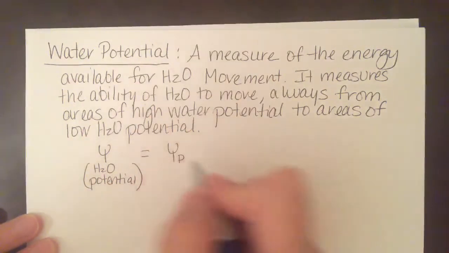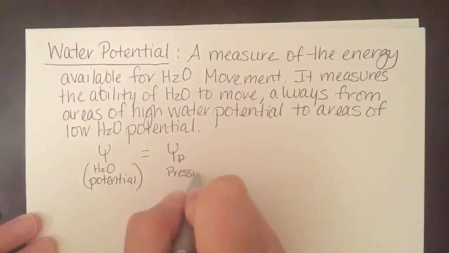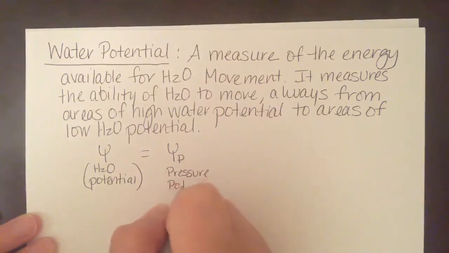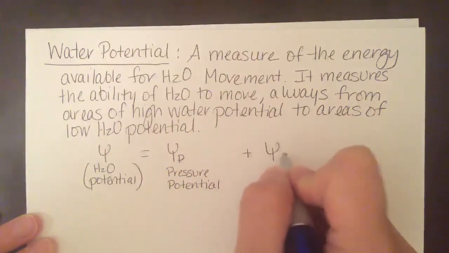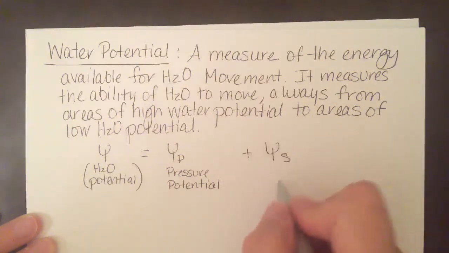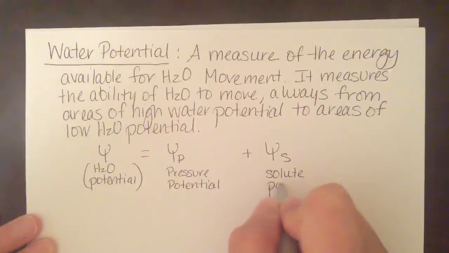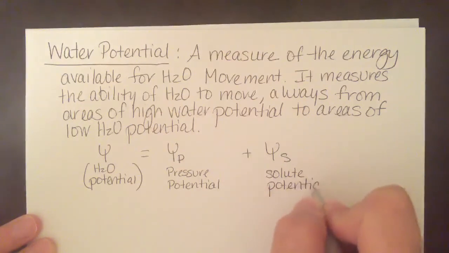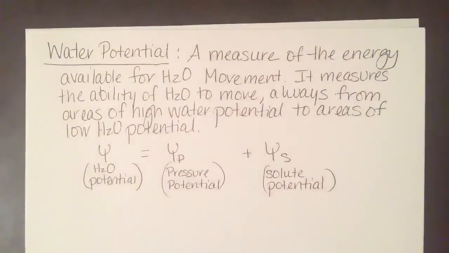The pressure, this is called the pressure potential, plus the solute potential. So psi sub s stands for the solute potential. Again, we would not normally write these things in there, but that's what those mean. And so that's our equation.